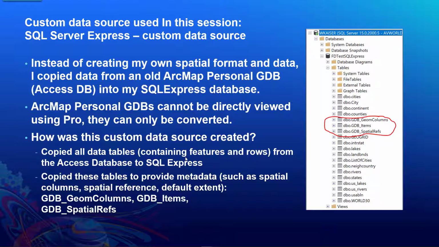That metadata is all stored in the GDB_GEOM_COLUMNS, GDB_ITEMS, and GDB_SPATIAL_REFS tables. So I copied those over as well. And SQL Server gives you the tools that you need to import from Access easily. So I was just able to import that without any problems.